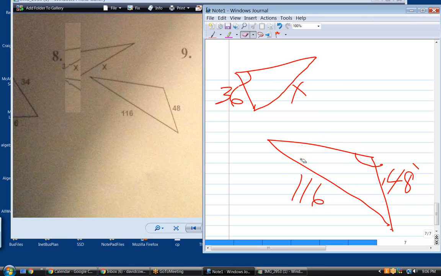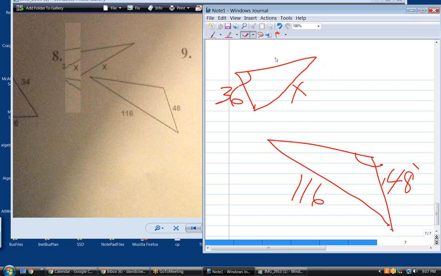And x is the corresponding part to 16. So 48 is the corresponding part to 36. There's no other choices. We couldn't solve the problem if that was not the solution.